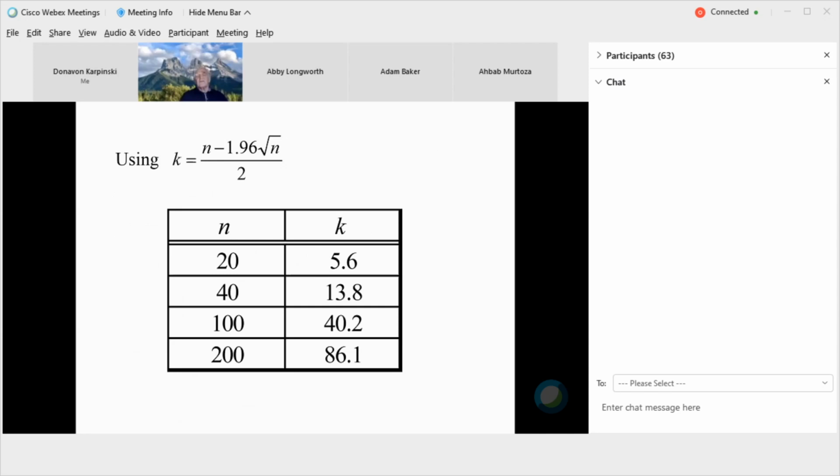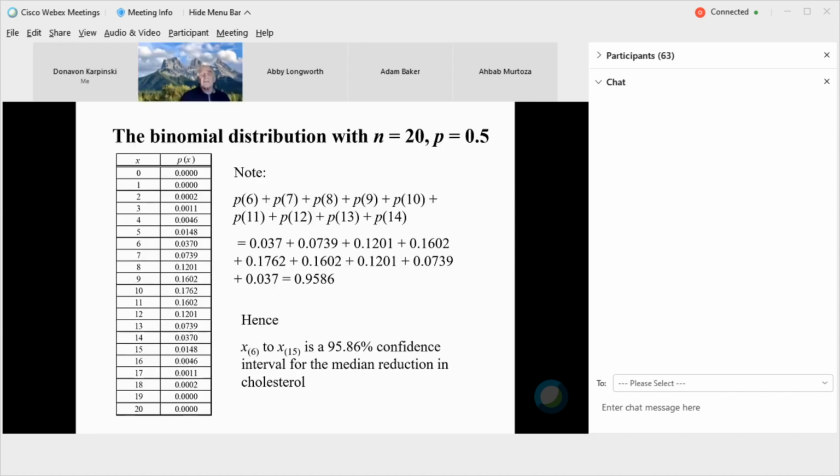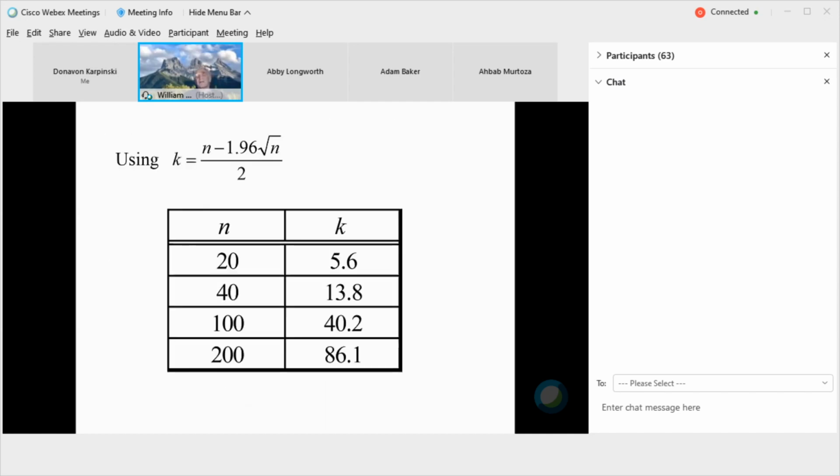There is a formula for calculating k from n for large values of n. This turned out to be, for n equal to 20, 5.6. When I did it exactly here, k turned out to be 6. So this works quite well even for n equals 20.